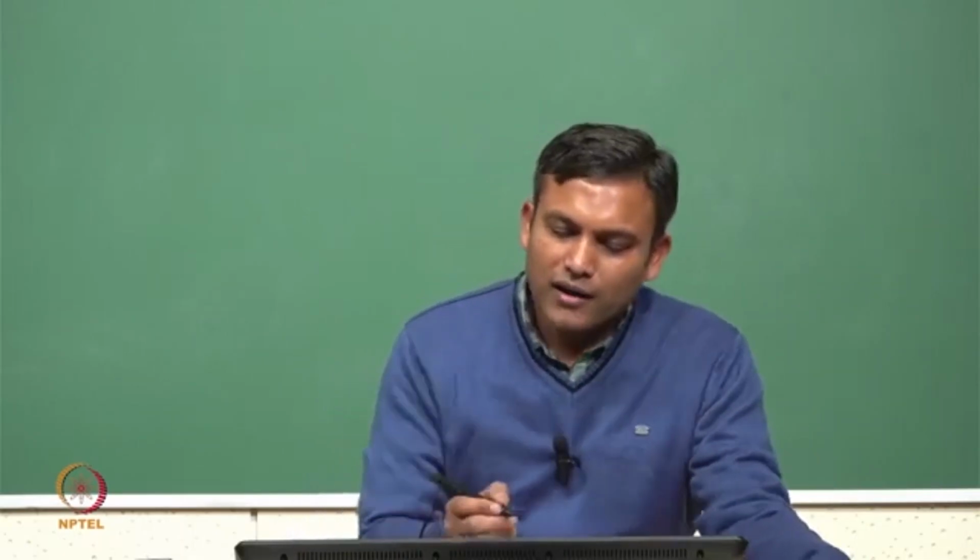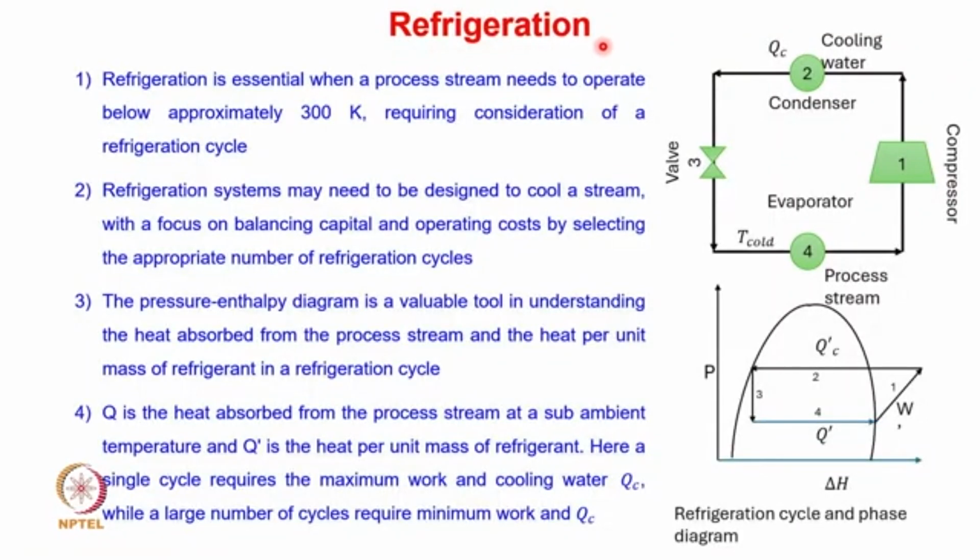Hydrogen is kept at a lower temperature, isn't it? In such cases we require refrigeration. Refrigeration is essential when a process stream needs to operate below approximately 300 Kelvin, so it requires consideration of a refrigeration cycle.